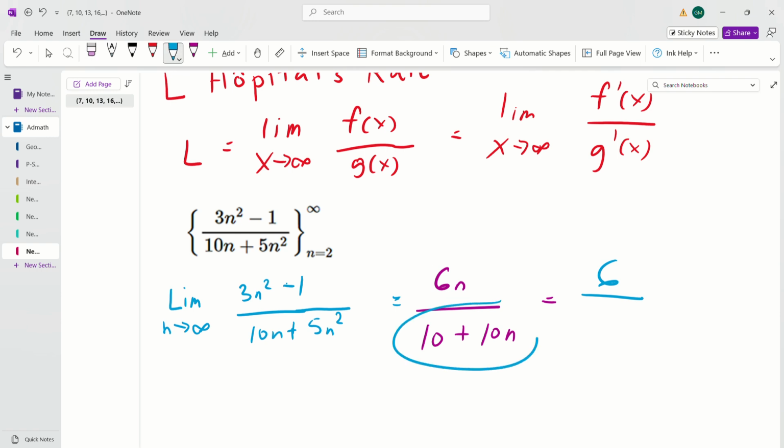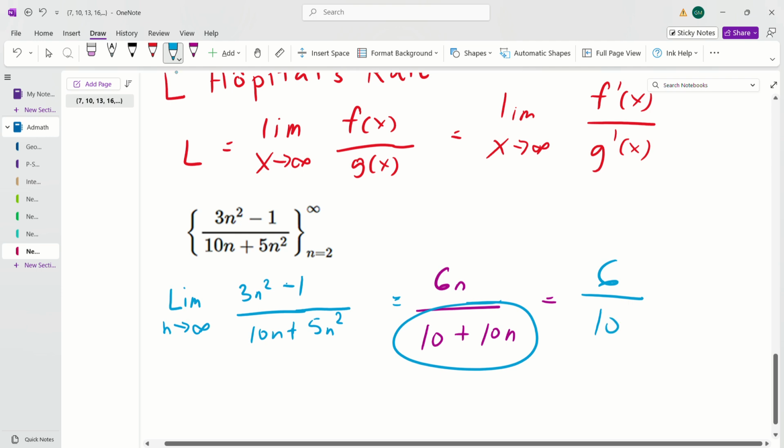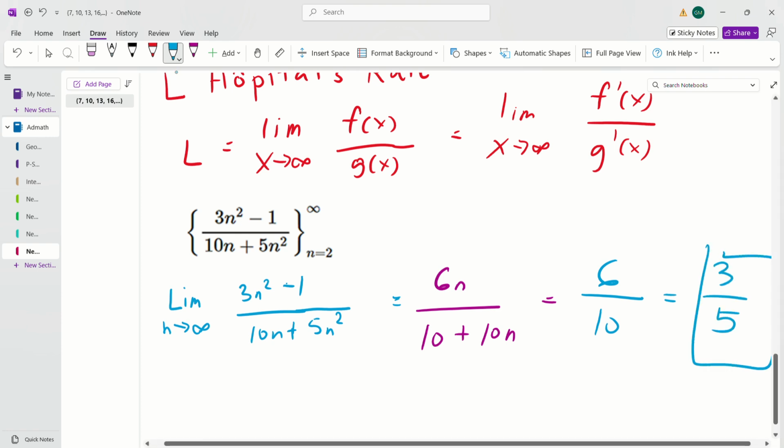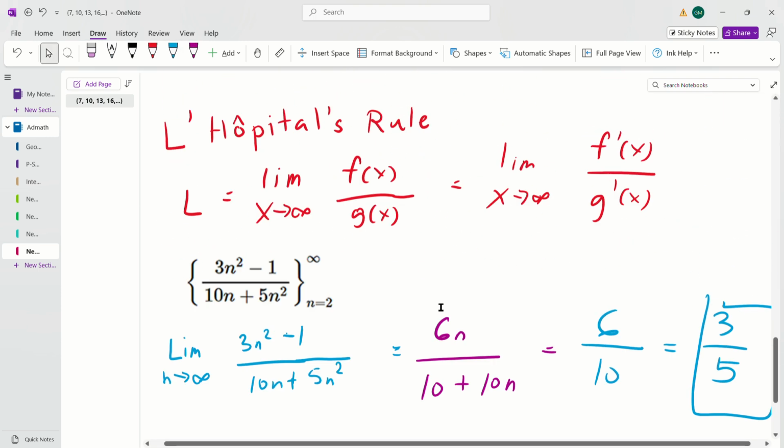Differentiate the denominator, so we have 10. So we have the limit, 6 over 10, or simply 3 over 5. This is exactly the same as the answer earlier, which is 3 over 5.